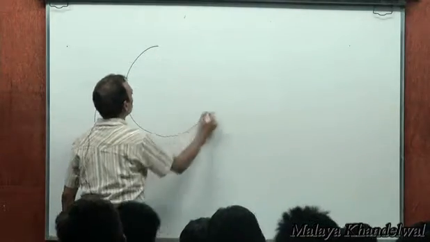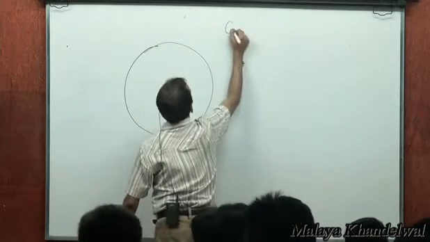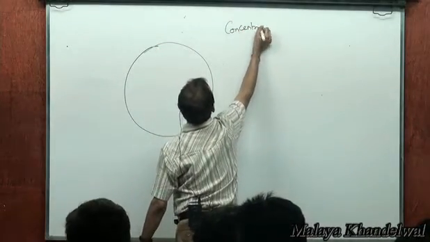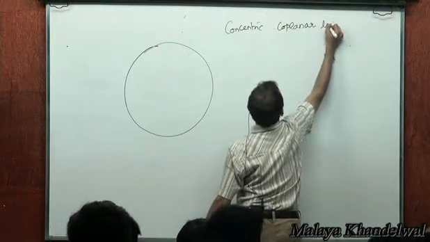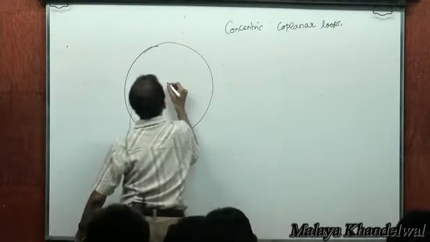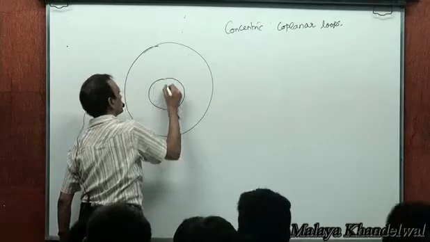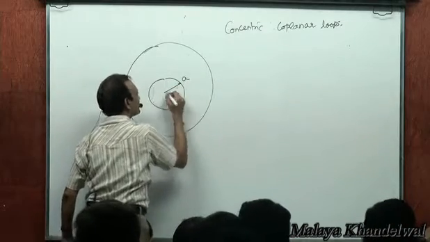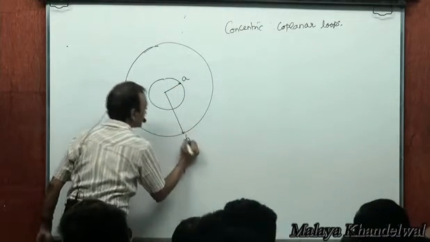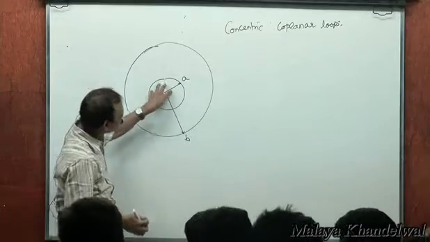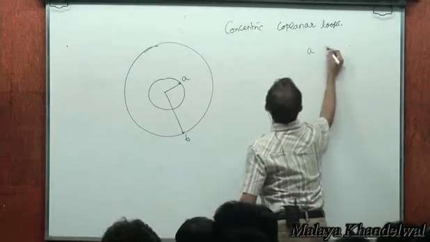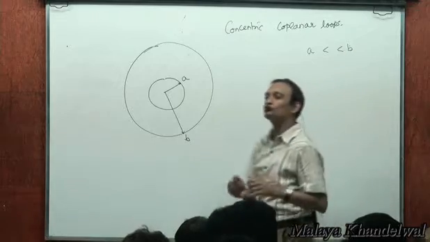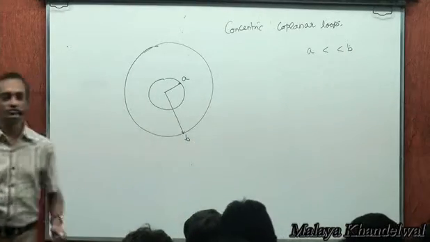Now, say there are two concentric coplanar loops. One chotu, one bada. Let's say this is a small loop, this is a big loop, and A is much smaller compared to B. That means the chotu loop is really, very chotu.